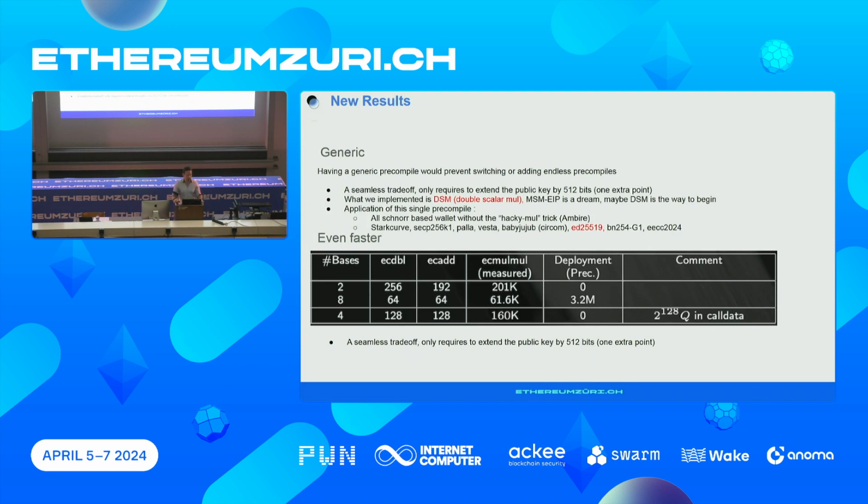But another very important point that we implemented is that we made this computation generic, because today we are talking about P256, but there are so many curves and many use cases that could benefit from a generic scalar multiplication.